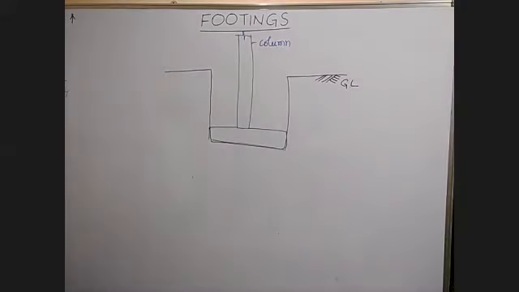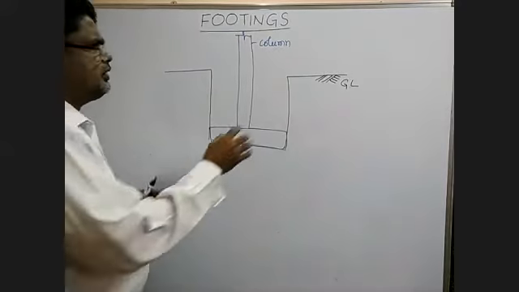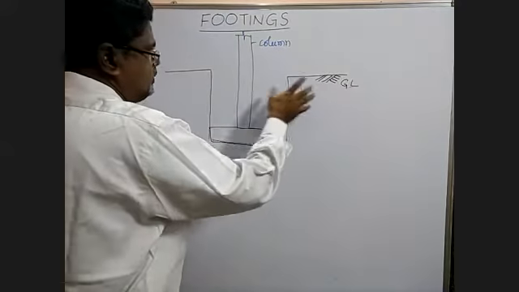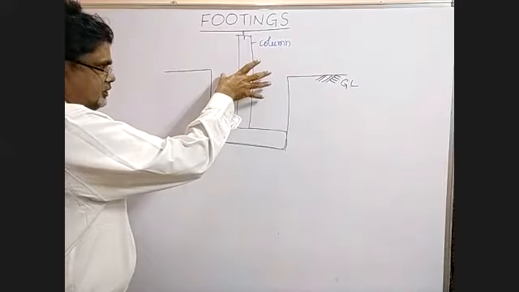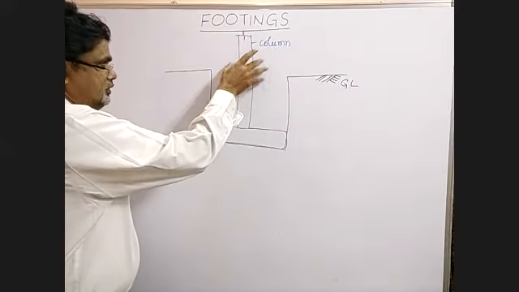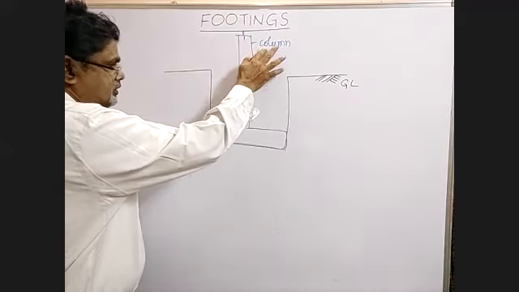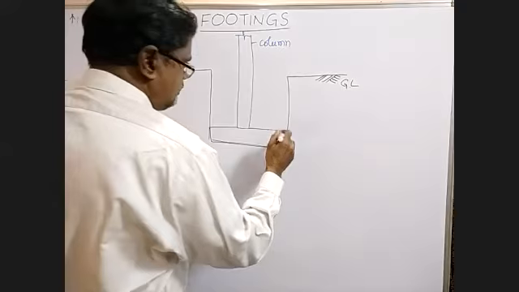Now here, you have a ground level here, and the column is here, and this portion we call it as footing.